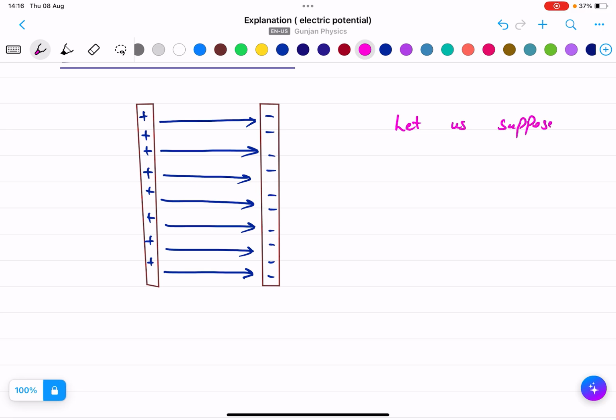Now let us suppose at point A, a positive charge has electric potential energy.